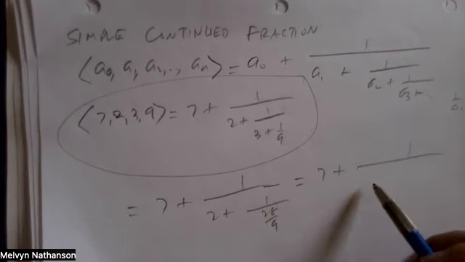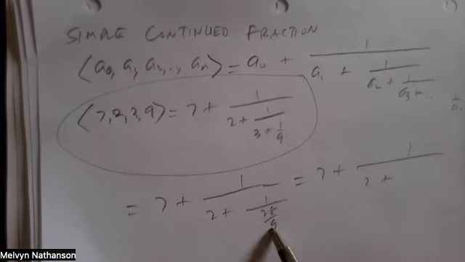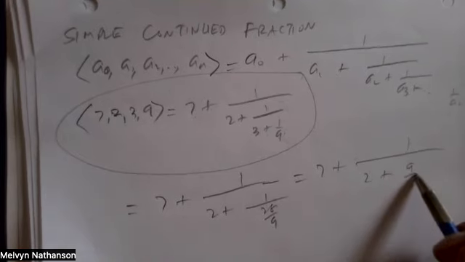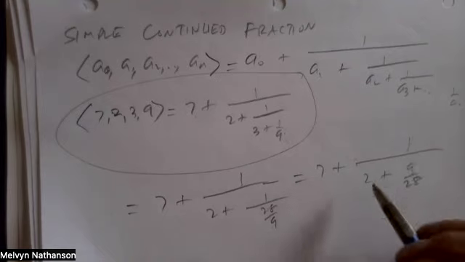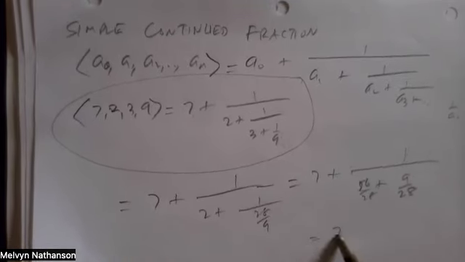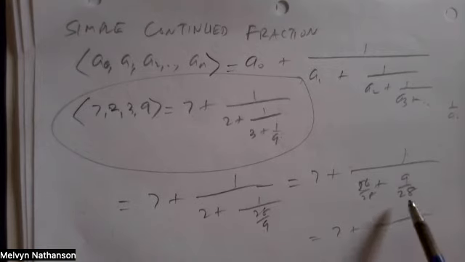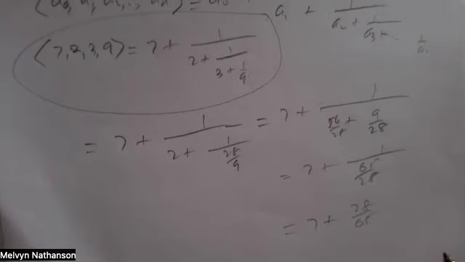That's 7 plus 1 over 2 plus, now 1 over 28 over 9 is 9 over 28. 2 is the same as 56 over 28. So this is the same as 7 plus 1 over 65 over 28. So this is 7 plus 28 over 65.